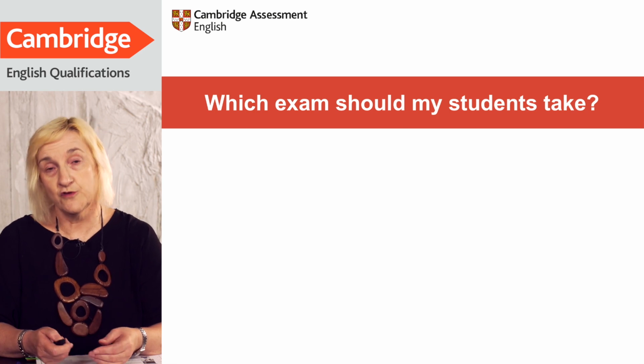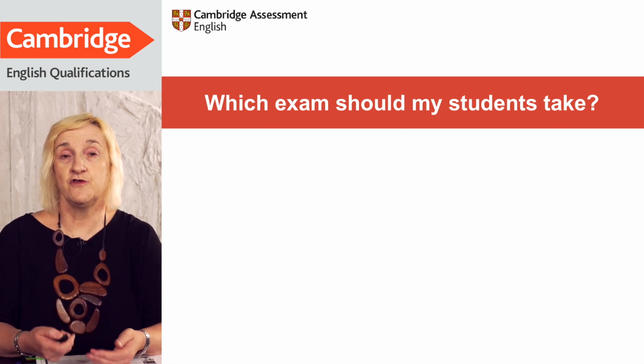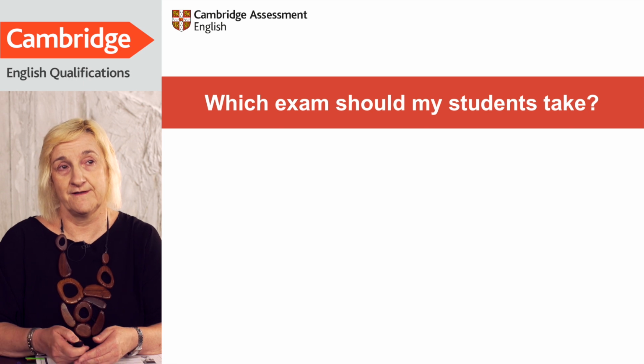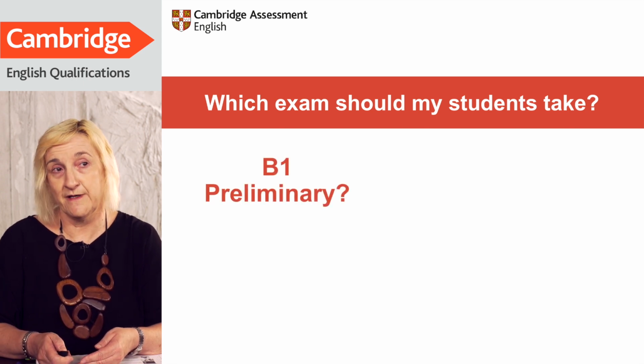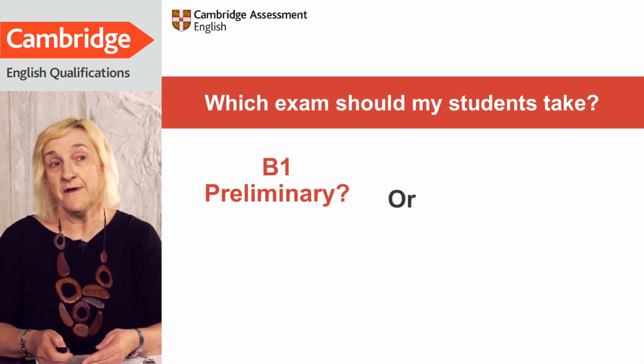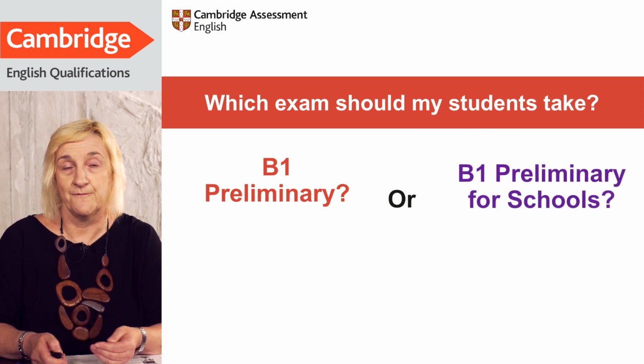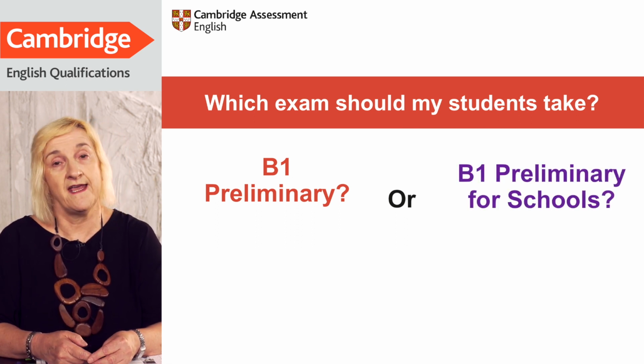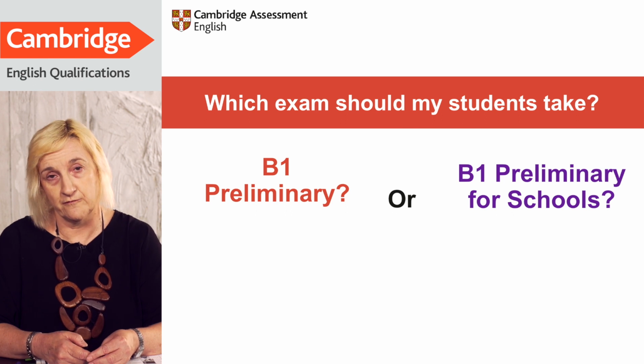So, which exam should your students take? The choice is yours, and the idea is that you choose the best exam for your students. The difference between B1 Preliminary and B1 Preliminary for schools is very simple. It's basically based on the age group the test is designed for.